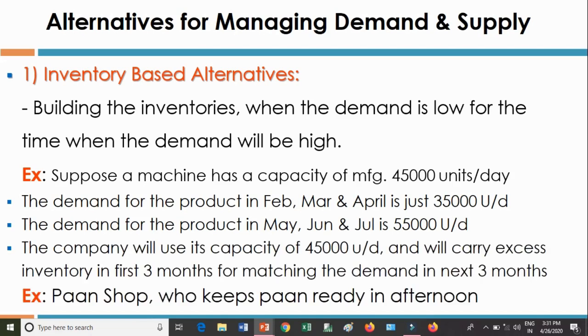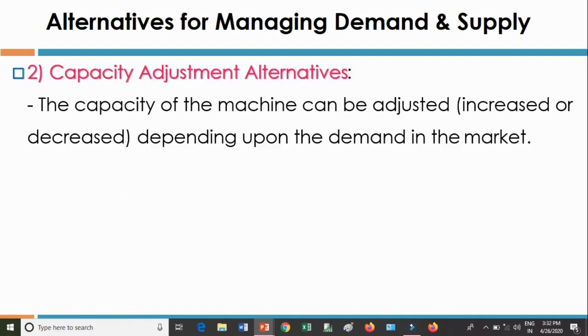In this situation, the company should continue to use its capacity of 45,000 units per day and will carry an excess inventory of 10,000 units per day in the first 3 months so that they can manage the demand for the next 3 months. We can even see a pan shop keeping pans ready in the afternoon when demand is low, and those ready pans can be given to the customers in the evening even if the demand is very high.